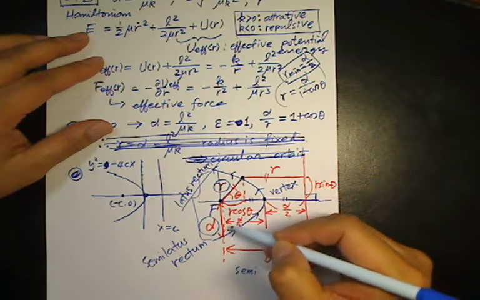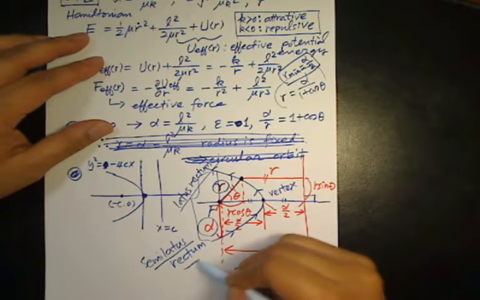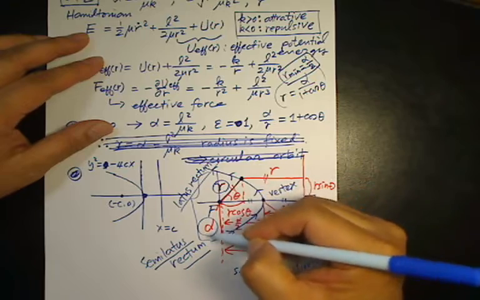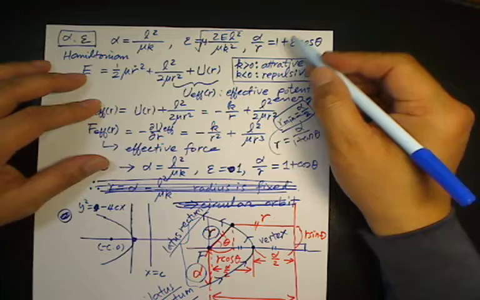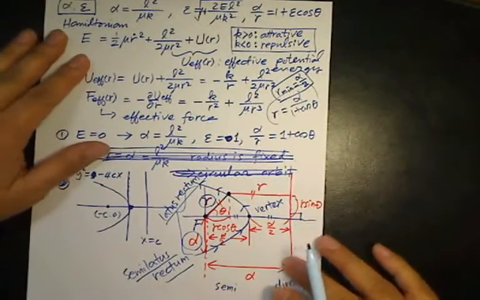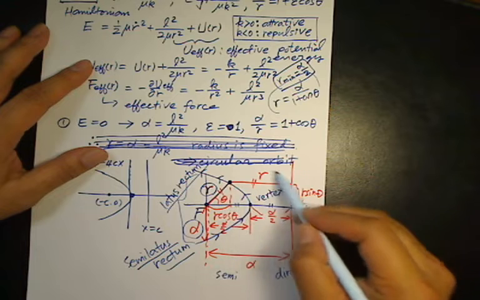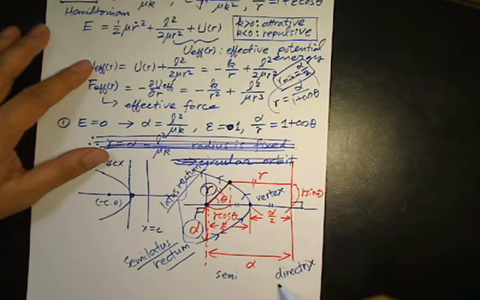And half of this is called the semi-latus rectum. So half of this chord is called alpha. And eccentricity equals 1 means eccentricity is actually this distance divided by this distance. That means that this is the directrix.